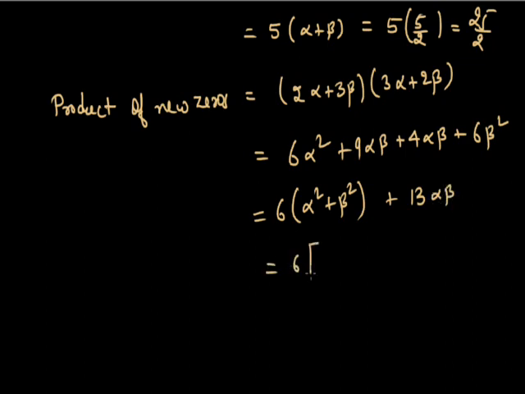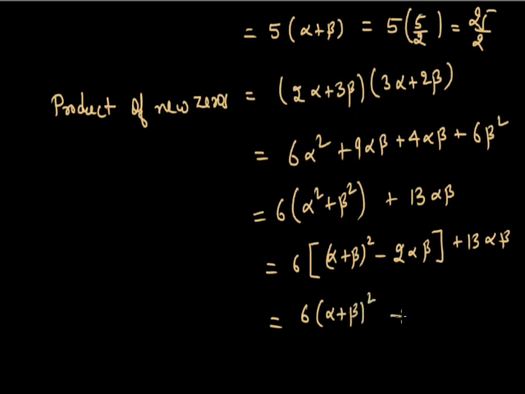Now 6 alpha plus beta whole square minus 2 alpha beta plus 13 alpha beta, or we can say 6 alpha plus beta whole square minus 12 alpha beta plus 13 alpha beta. So this will be equal to 6 alpha plus beta whole square plus alpha beta.